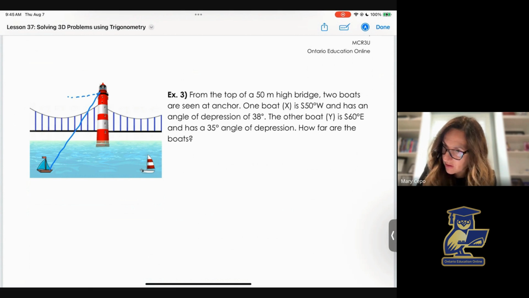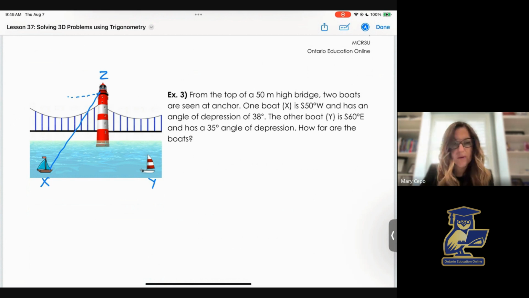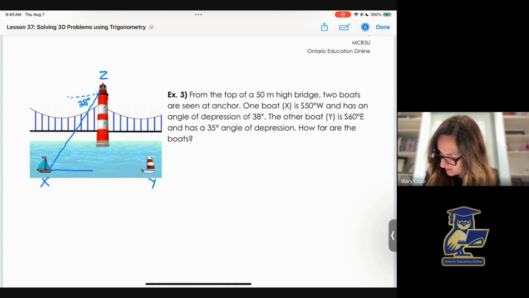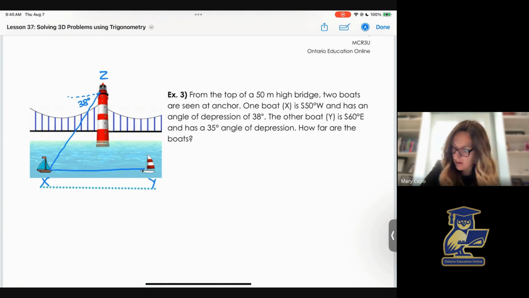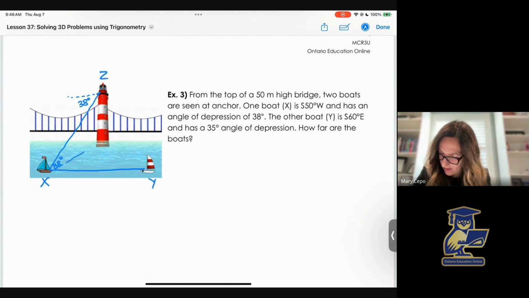So the first, we'll call this Z, because both X and Y. Okay, so we're looking at this angle of depression. If this is 38 degrees, using the Z pattern, this here would also be 38 degrees. And that would be that line there.